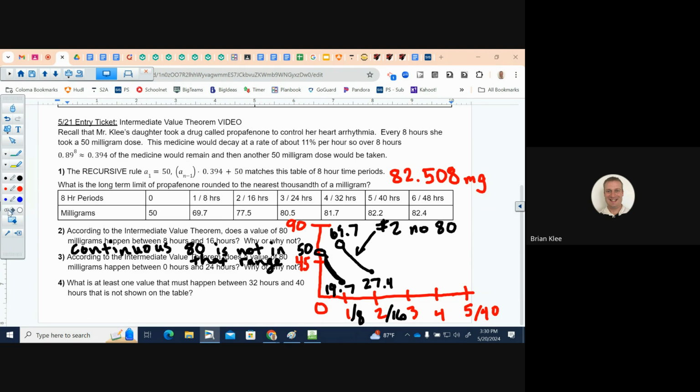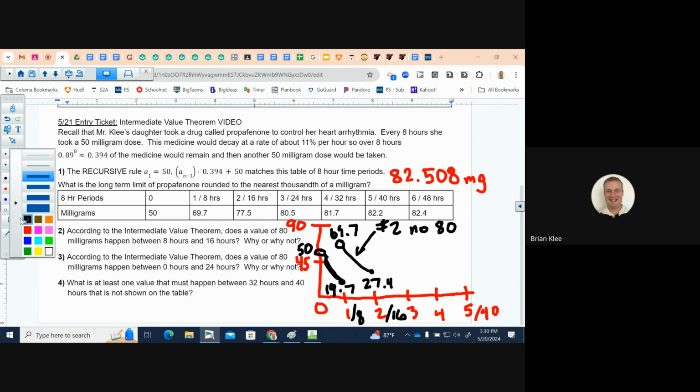If we talk 0 to 24 now, I don't want to clear all of it. So number 3 asks, what about 0 to 24? Well, I'm going to add to the graph here. But the idea, she's at 27.4. She takes 50 more milligrams. She's now going to be at 77.4.